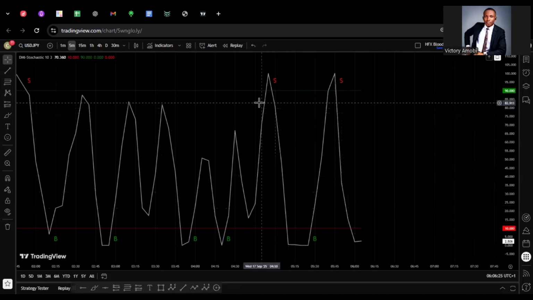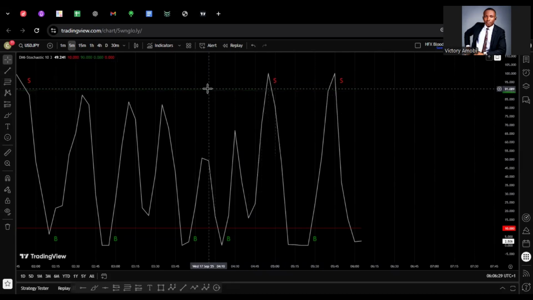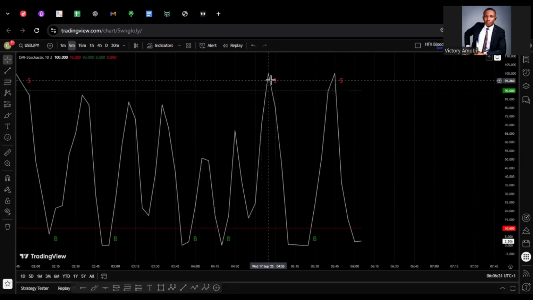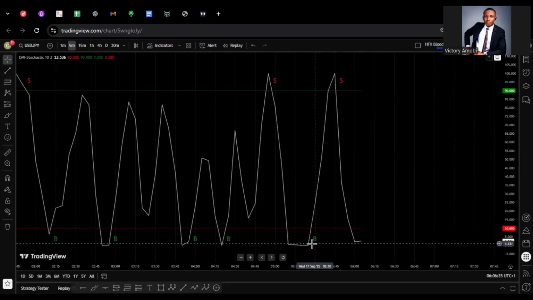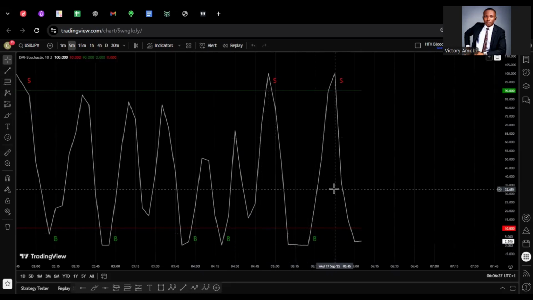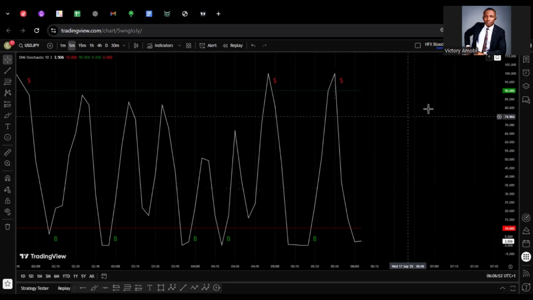When the market is overbought and above the high range, it's time to sell. When it's oversold, it's time to buy. So you are pairing these indicators with your analysis and your price action to trade HFX. This is something you should know.